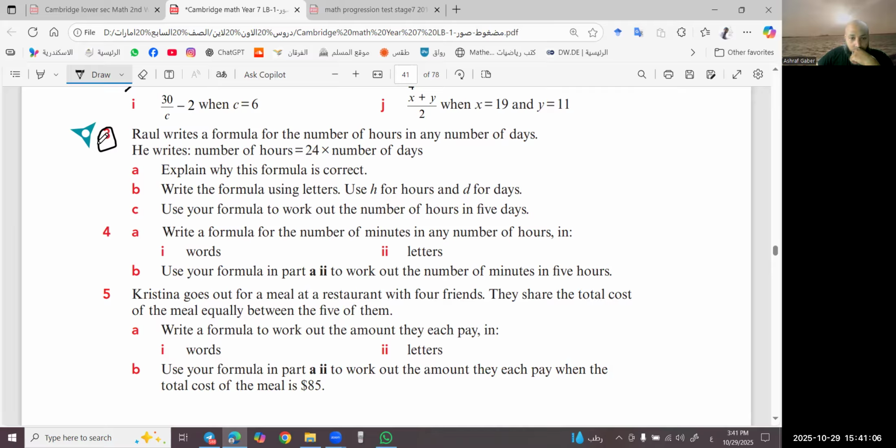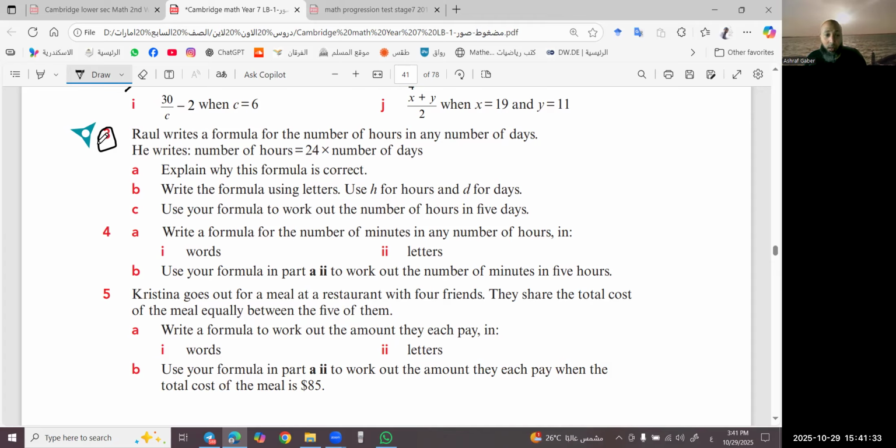Explain why this formula is correct. So the formula is correct because, for example, we take the number of hours as h and the number of days as d. Any day contains 24 hours. So the number of hours equals 24 times the number of days.